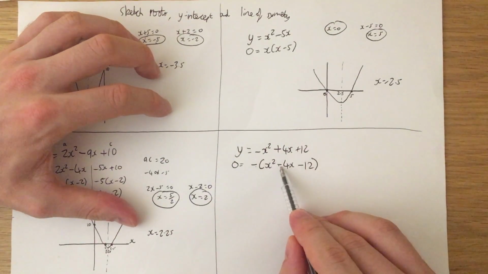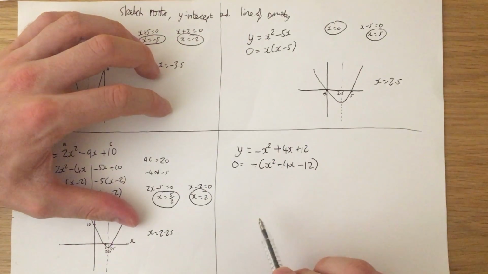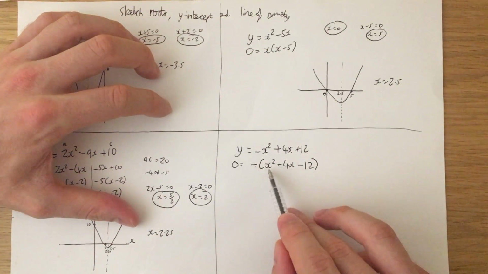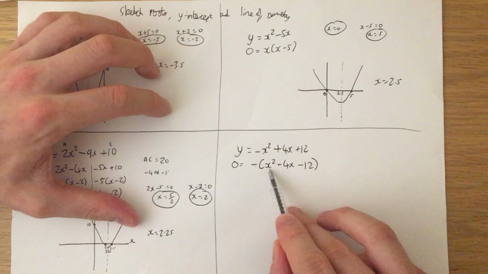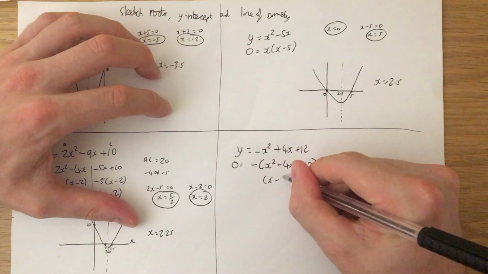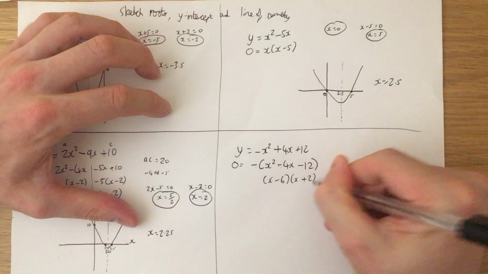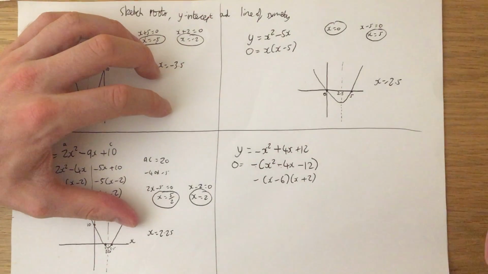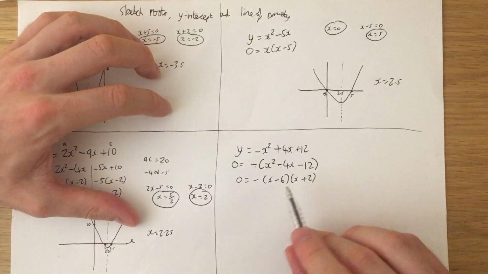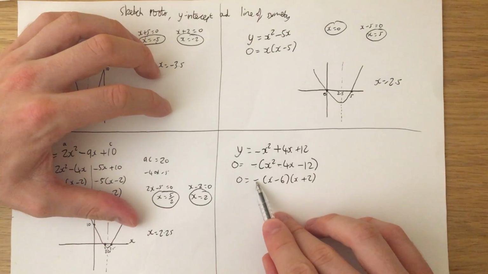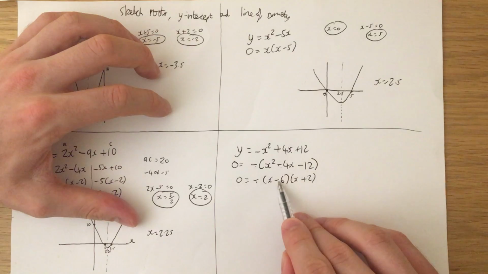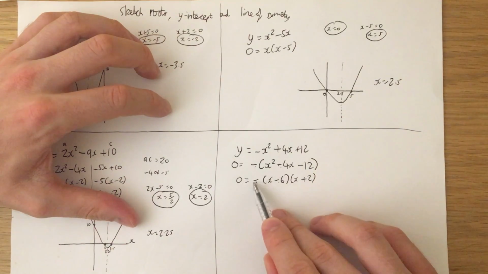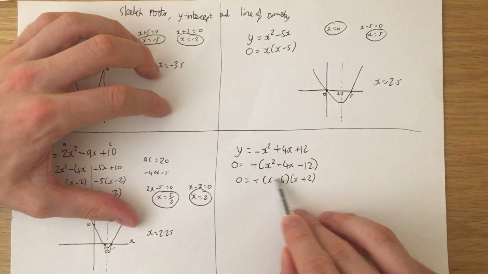Because negative times negative is positive, negative times negative is positive. Right, I now ignore the minus for now and I factorise just that. So that would be (x minus 6)(x plus 2). Remember, just put it back there. Okay, I now want to multiply that negative with that, because negative 1 times that times that will make me fine.